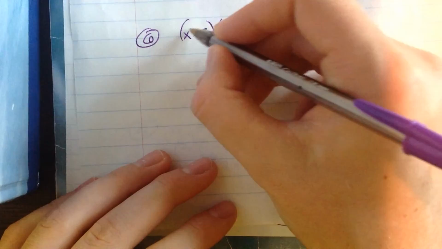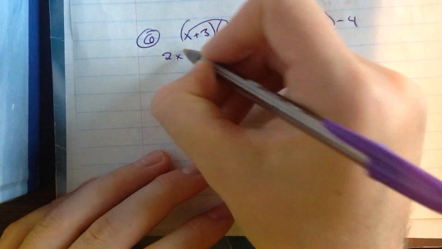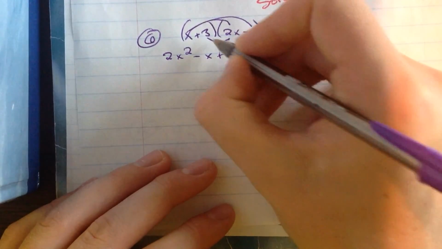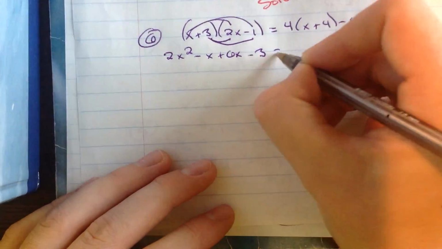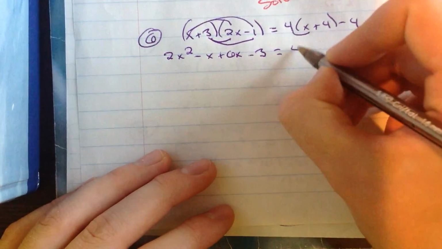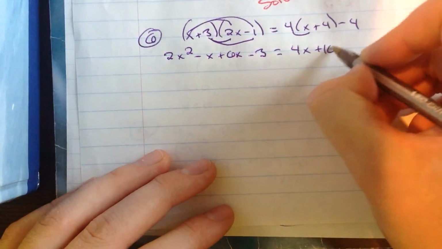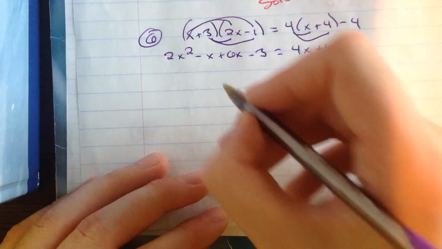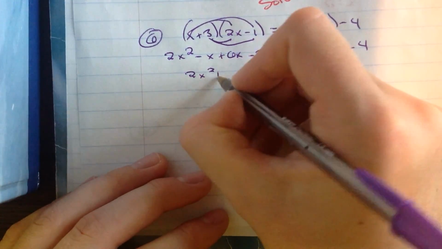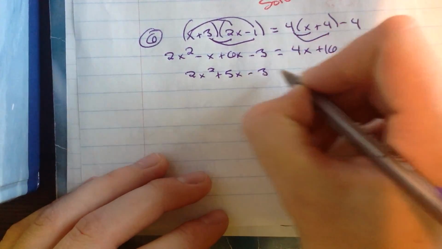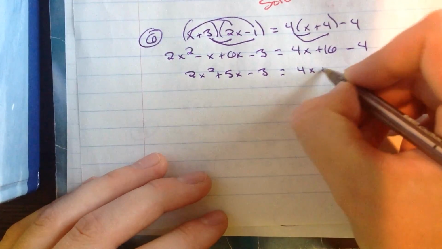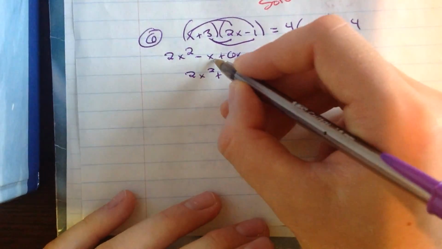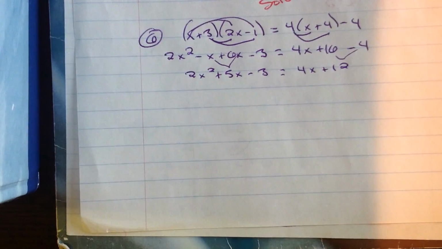So we actually have to FOIL. So we get 2x squared minus x plus 6x minus 3, distributing 4x plus 16 minus 4, combining like terms, 2x squared plus 5x minus 3, 4x plus 12. So these two combine to make that, these two combine to make that.